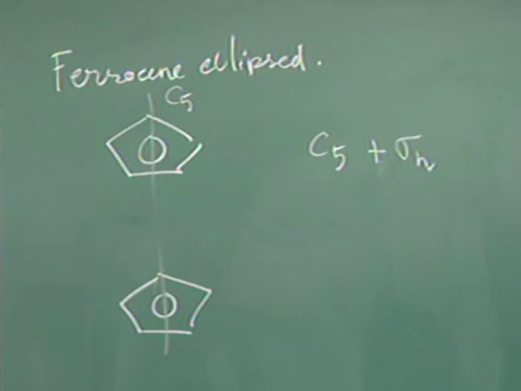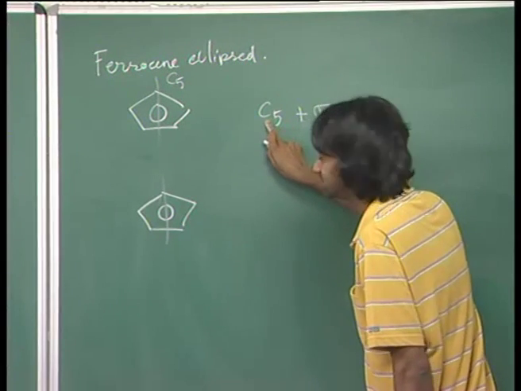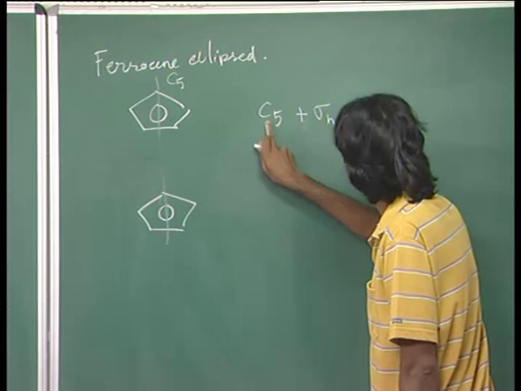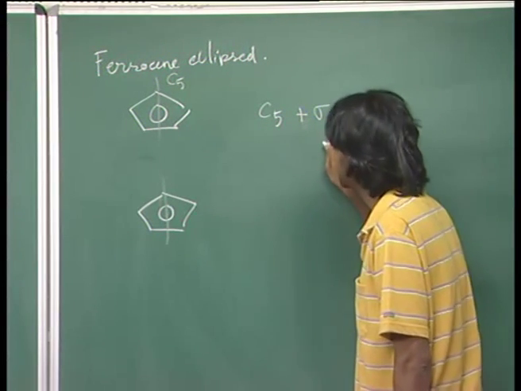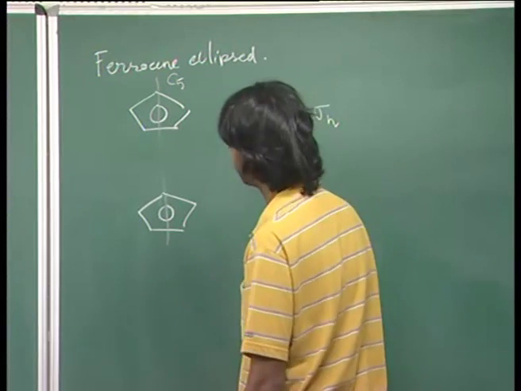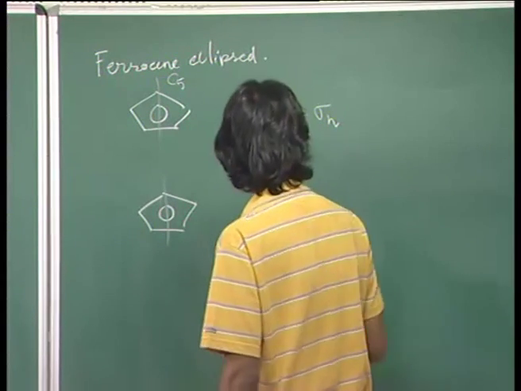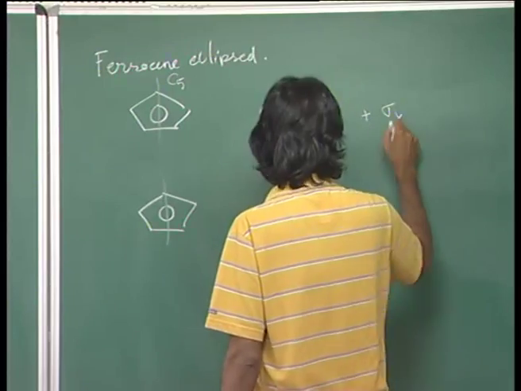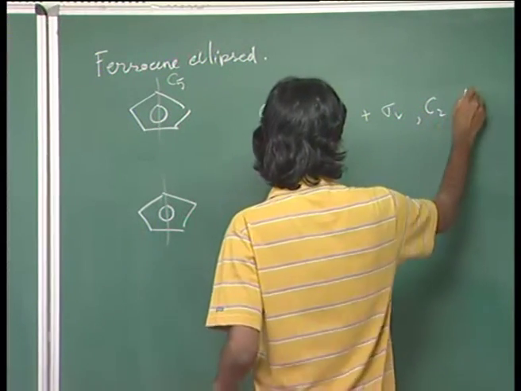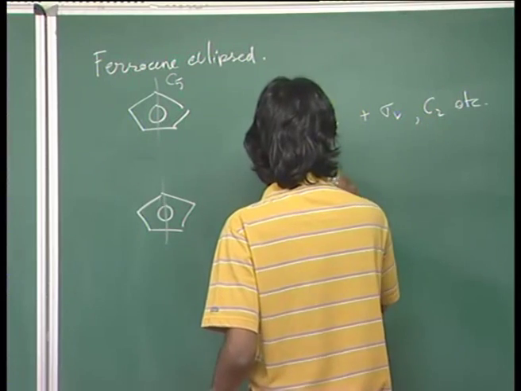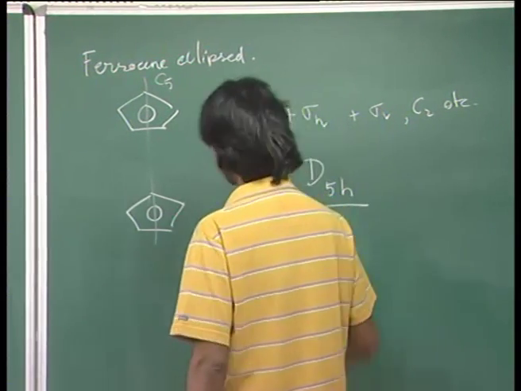Now the nomenclature of the group will be dominated by the C5, and it has sigma h. It has the vertical planes, as before, it has various vertical planes, sigma v, C2, etc. So this is D5h.